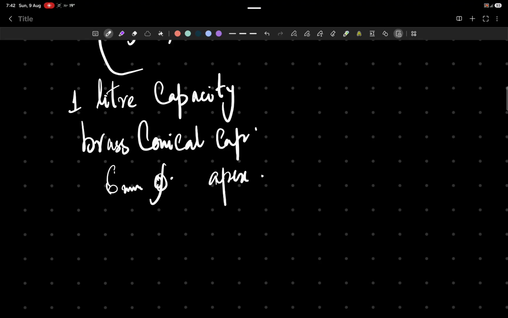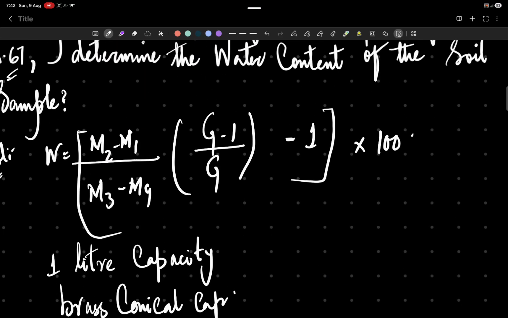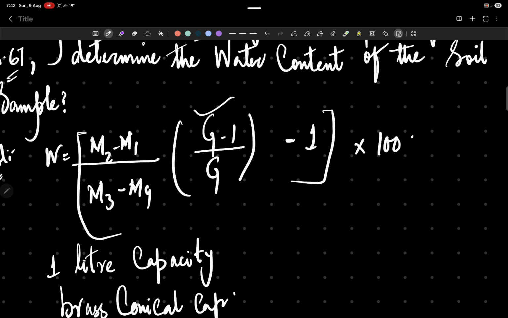The picnometer method for the determination of water content can be used only if the specific gravity is known beforehand. We can only make use of the picnometer method for the determination of the water content in soils when the specific gravity of the soil solids is known to us beforehand.